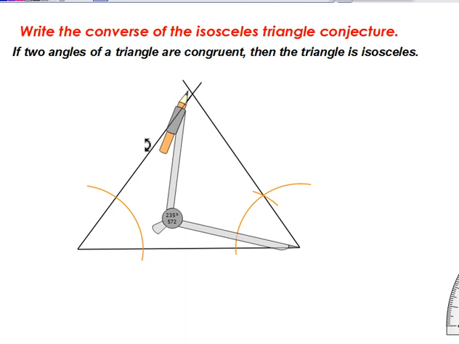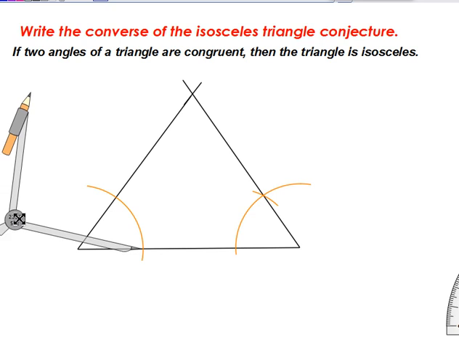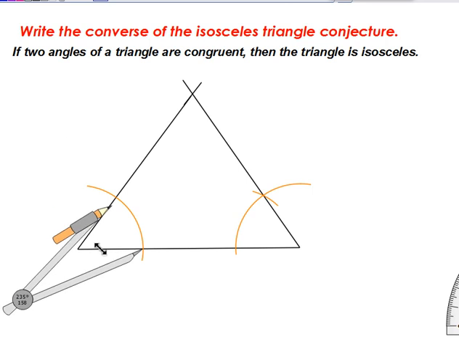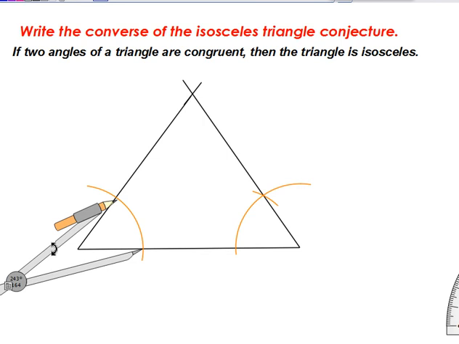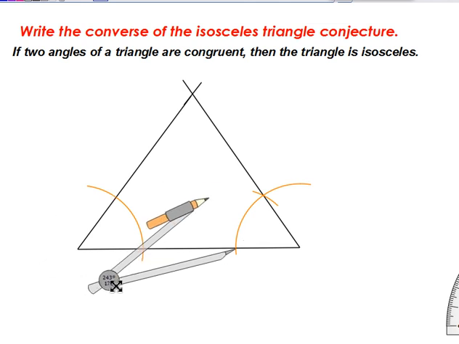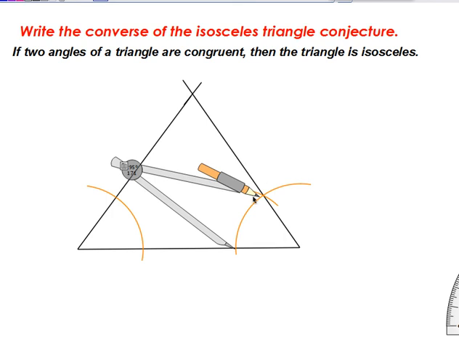Looks like that's pretty good, since my compass, something happened with my measurement here. I'm going to double check my angles, and you can do the same thing with yours. Oh, I can see the problem.